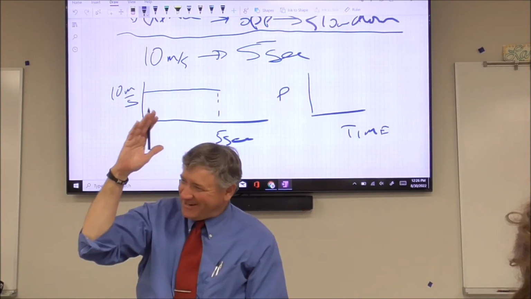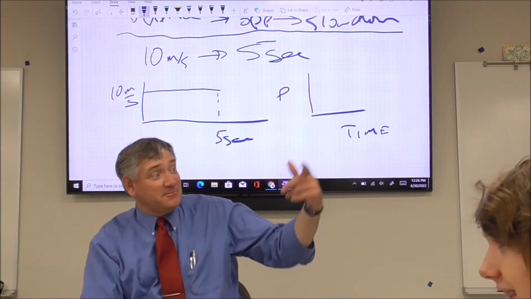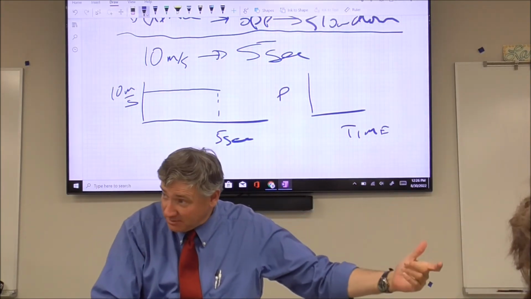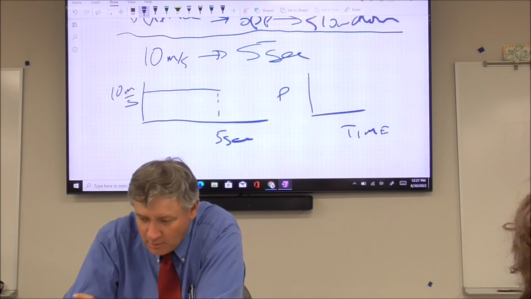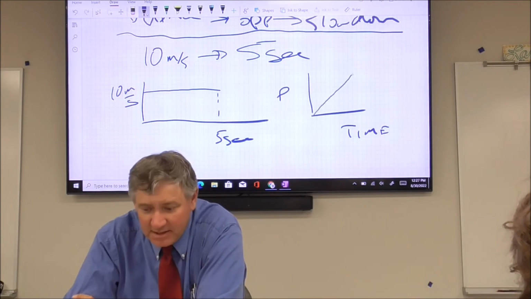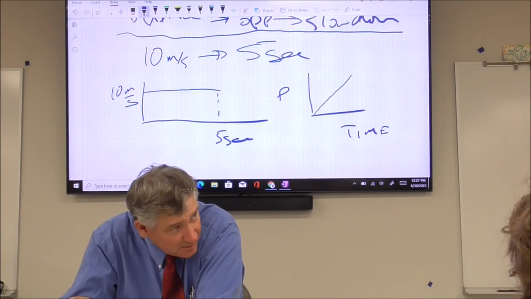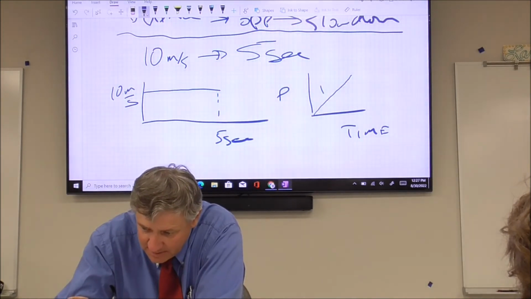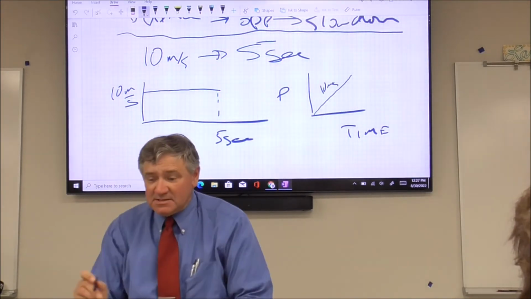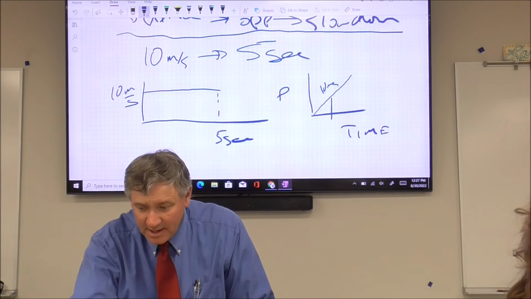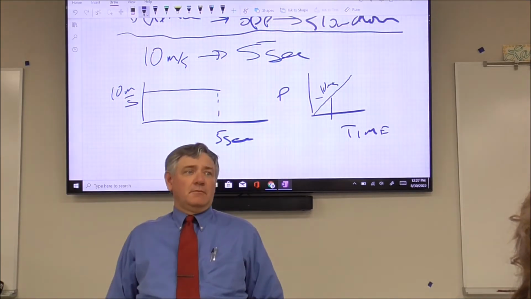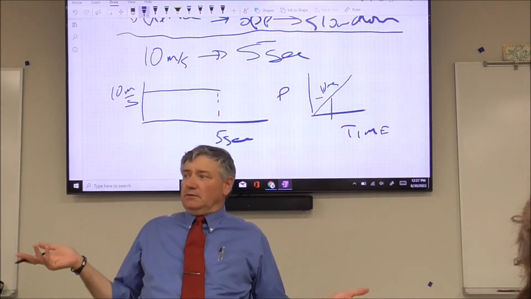The slope of a position time graph gives you velocity. So we could draw a straight sloping line, and that would have a slope of 10 meters per second. So every second that goes by, how far does Topher move? 10 meters. It's a rate function, right?